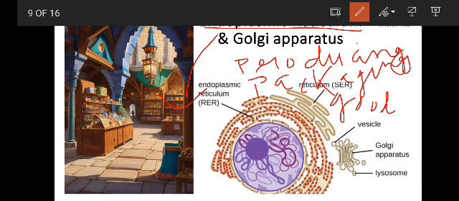Like skilled artisans, the Golgi apparatus carefully modified and labeled the products, ensuring they reached their designated location within the castle.